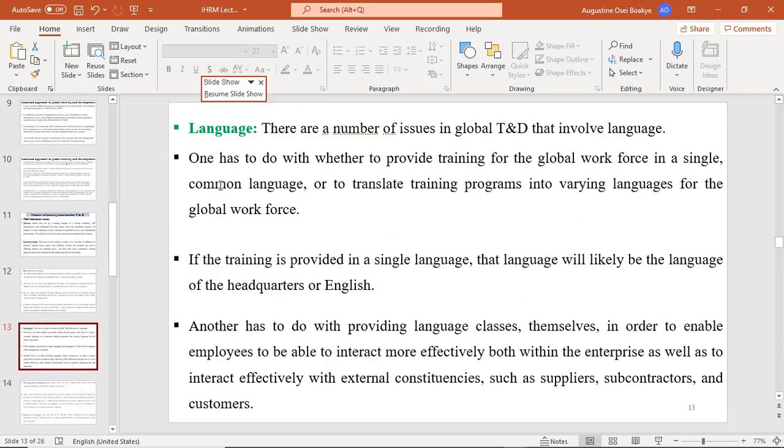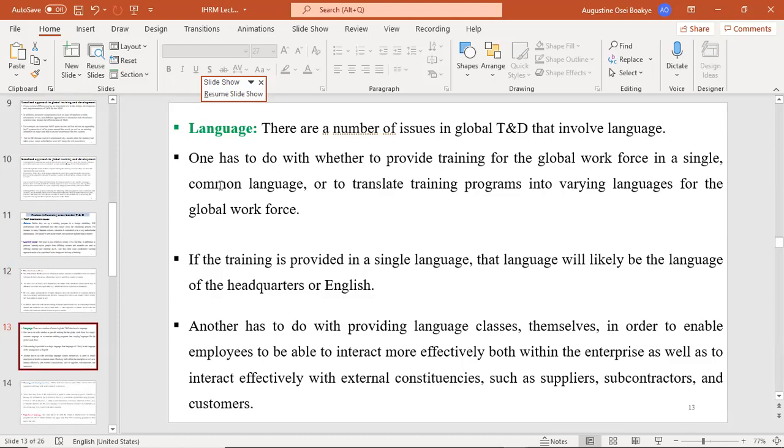Now, the issue of language. Language as a factor. There are a number of issues in global T&D that involve language. One has to do with whether to provide training for the global workforce in a single, common language, or to translate training programs into varying languages for the global workforce.